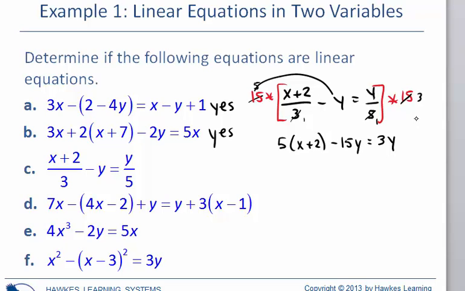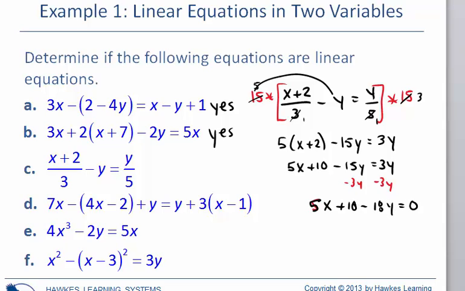We'll now distribute. 5x + 10 - 15y = 3y. We will combine the two y's, and we'll do that by subtracting the 3y off from both sides. So we have 5x + 10 - 18y = 0.